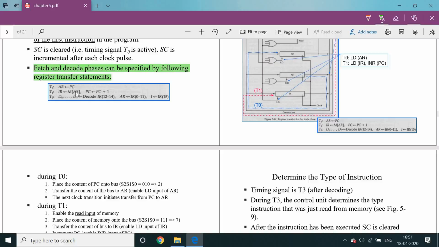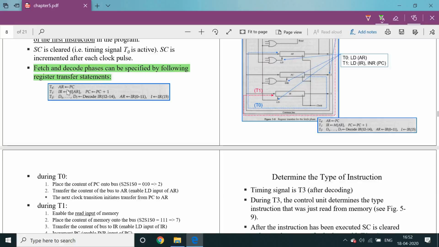From that location some byte or word of information, that means the instruction, is read. That will be stored into the instruction register. After selection, the binary data is loaded inside the instruction register.